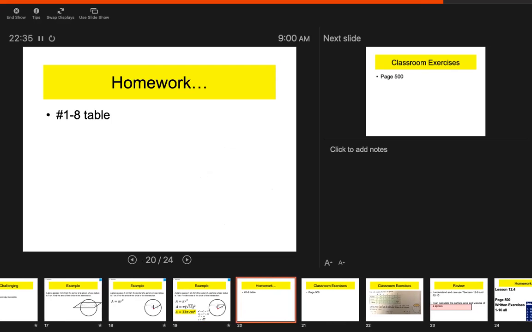So as always, we'll let Matt choose. Open up your book to that table and pick one, Matt, that you want to do. One through 8 is the table. Which page is it on? 500.